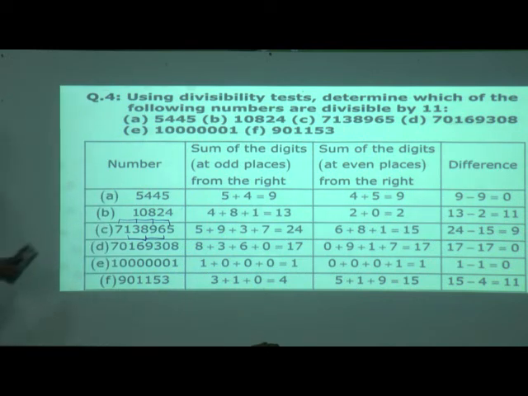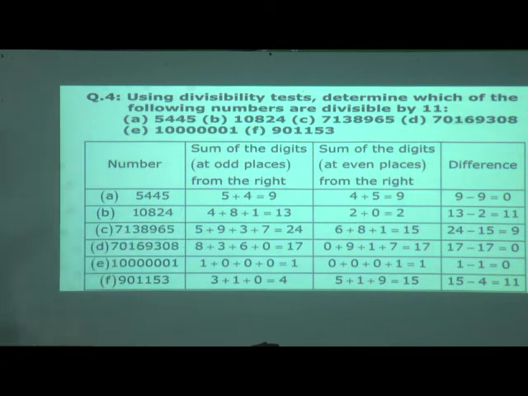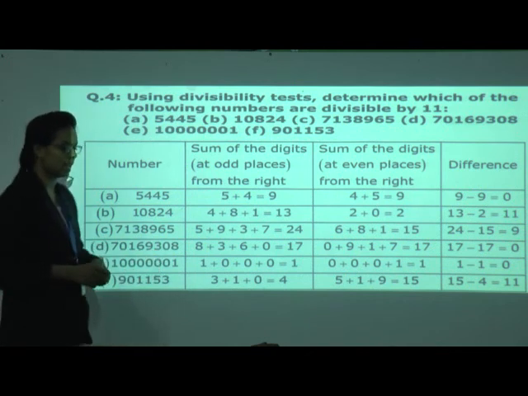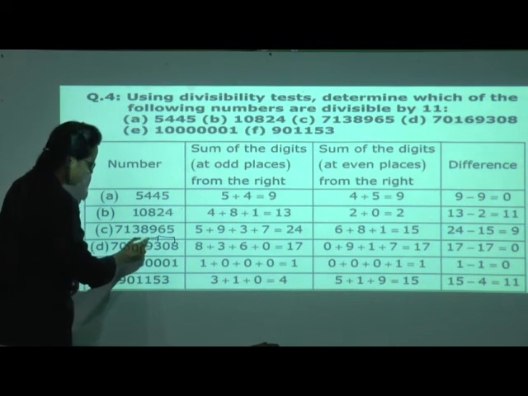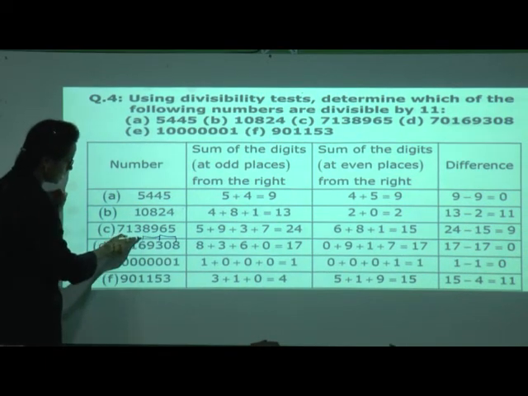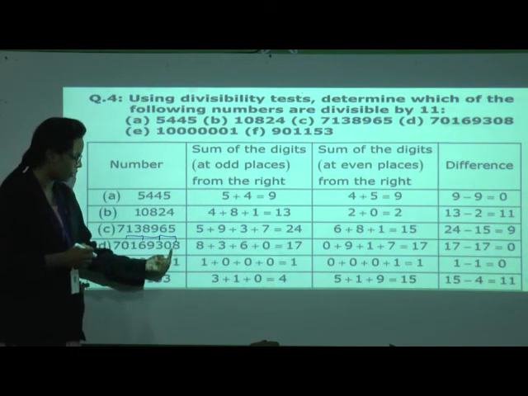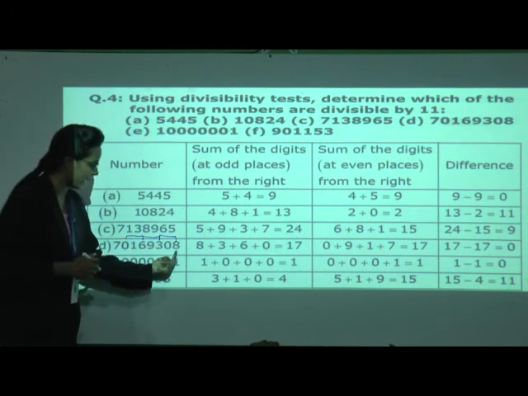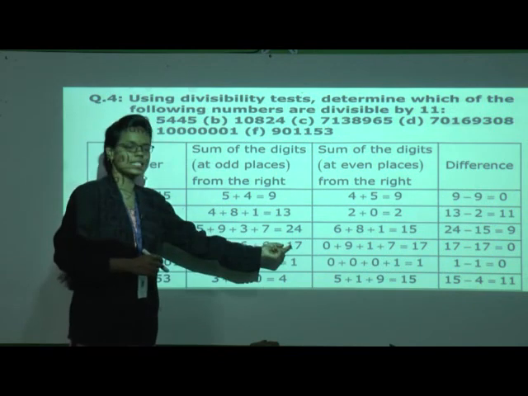Let us see the next one. Again it's a very large number. So take its odd places. Those are 8, 3, 6 and 0, the first, third, fifth and seventh places from the right. So 8 plus 3 plus 6 plus 0, we got 17.